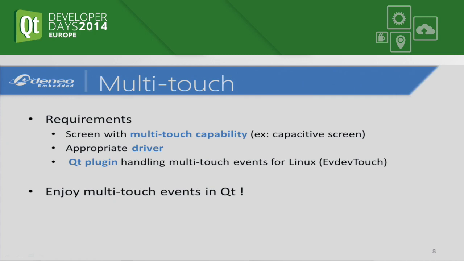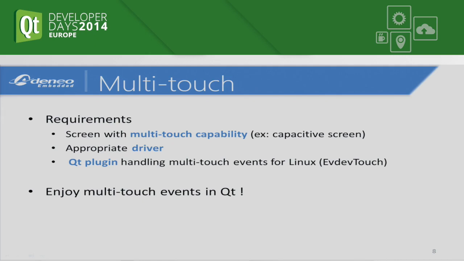And the last part is the plugin, because depending again on the platform, not all Qt plugins handling input manage multi-touch events. The one we use on Linux embedded will be FDevTouch. Basically there are, I would say, two.